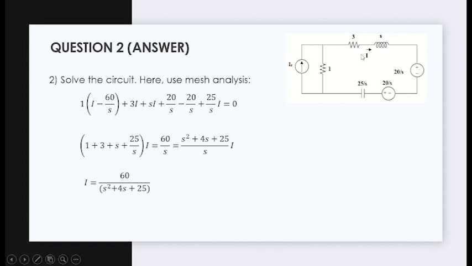And then 3 times I plus s times I plus the 20 over s minus 20 over s plus 25 over s times I. Then we group all the I together and we solve for I.